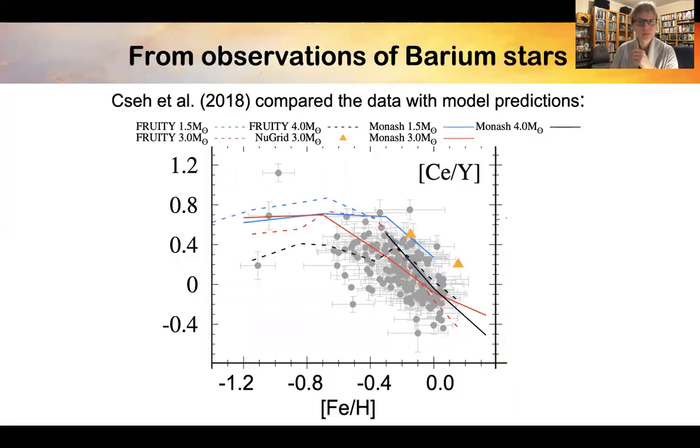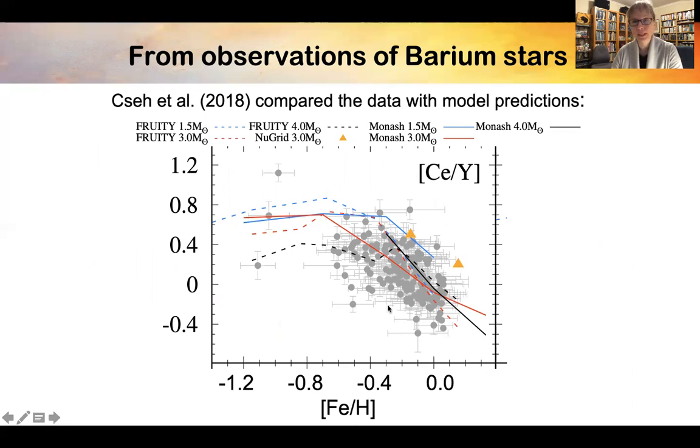Is this true? Let's look at some observations of barium stars. This is from a recent paper by Cseh from 2018. So we have metallicity on the x-axis versus the ratio in square brackets of cerium to yttrium. All of these grey points down here are observations of barium stars.